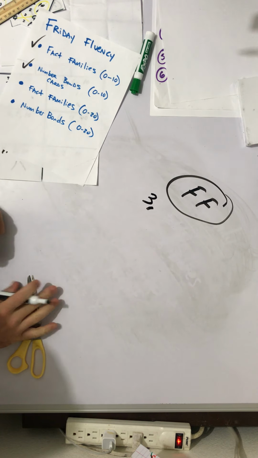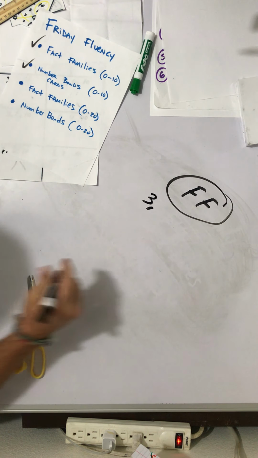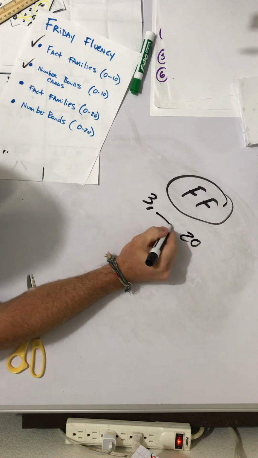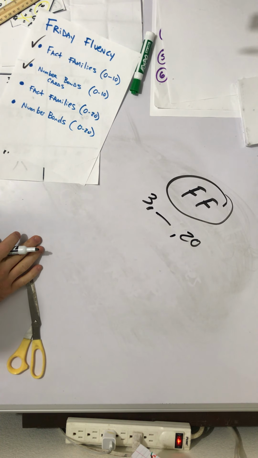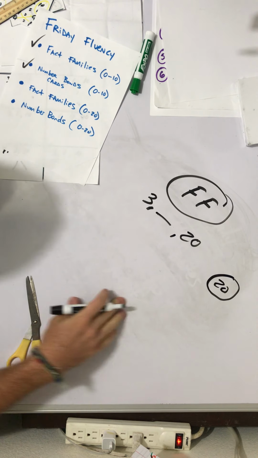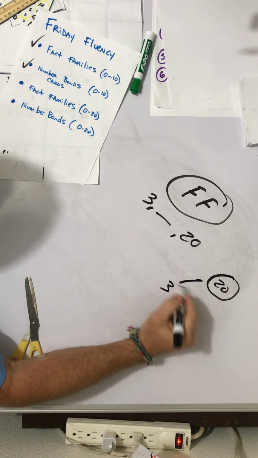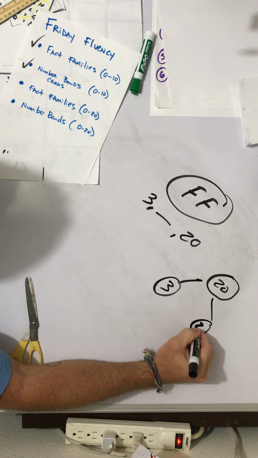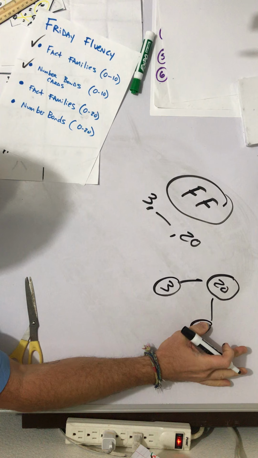Now 3 plus what equals 20? So my third number is over here now. Now I need to figure out what one of my parts is. So my number bond, now I have 20. I have 3. I need to figure out what this number is. I was going to put a question mark.